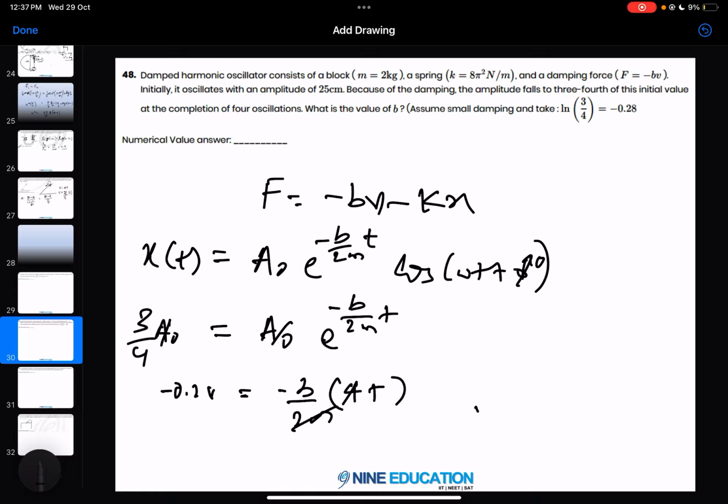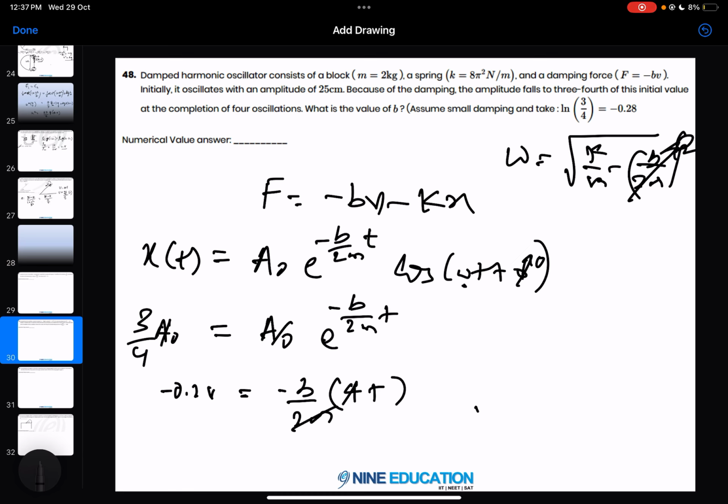How to find the time period value? For that, in the same solution, omega equals under root k by m minus b by 2m whole square. See, after 4 oscillations its amplitude only became 3/4, meaning the damping constant is less.